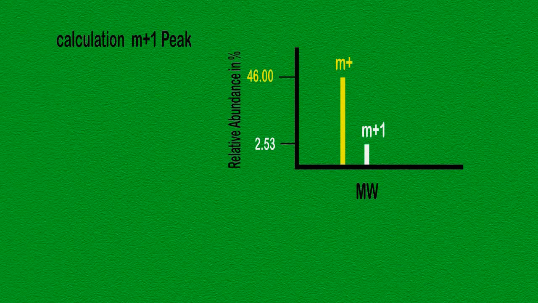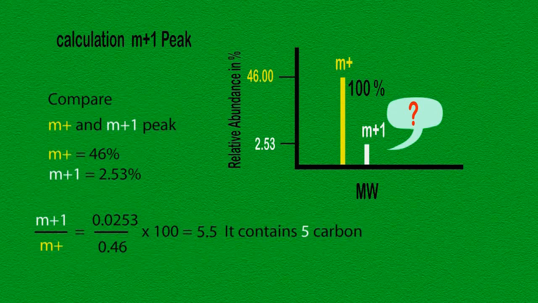This 46 percent is equal to the 100 percent of the carbon, and we have to calculate what the percentage of the M+1 peak is compared to the M+ peak. After calculating the percentage of the M+1 peak by the formula, we get 5.5, which means the sample contains 5 carbons.